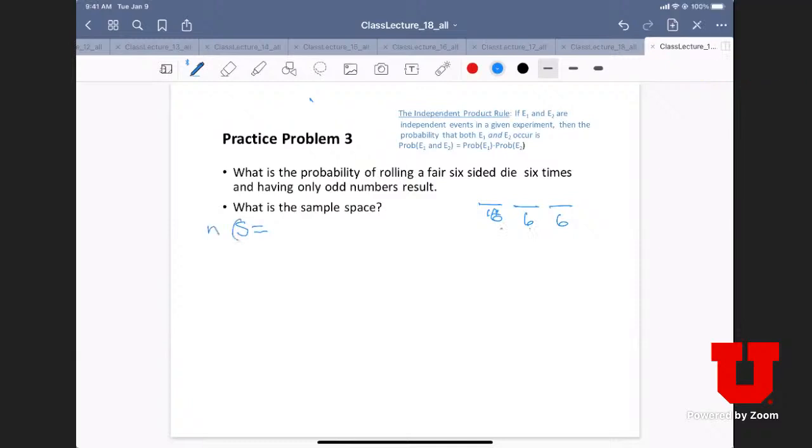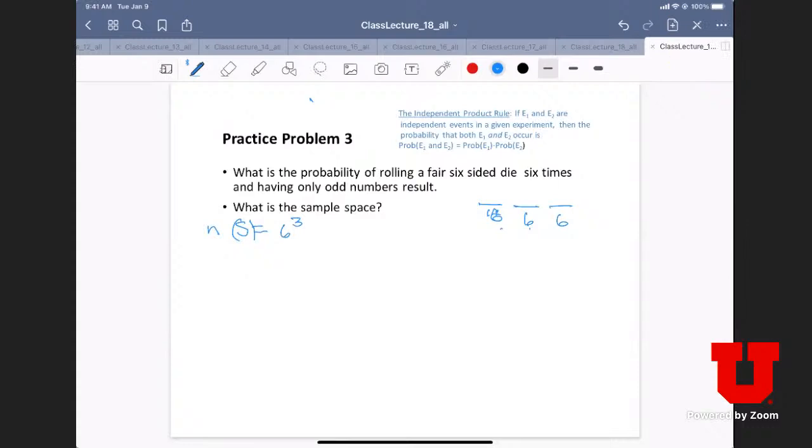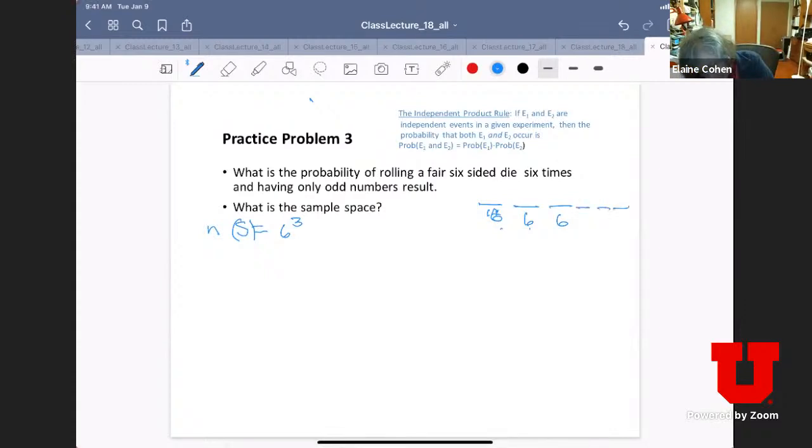The number of elements in the sample space is 6 cubed. Actually, it's 6 to the 6th. You're rolling the 6-sided die 6 times according to the problem. 6 times, wow. Good. Okay.